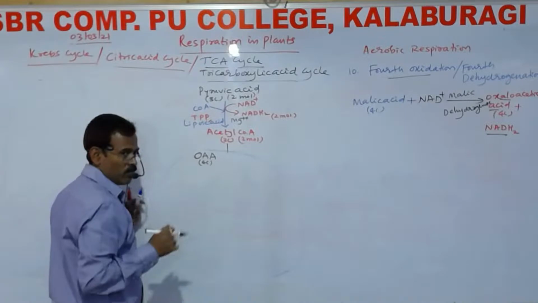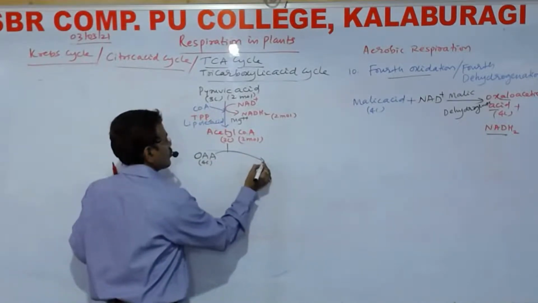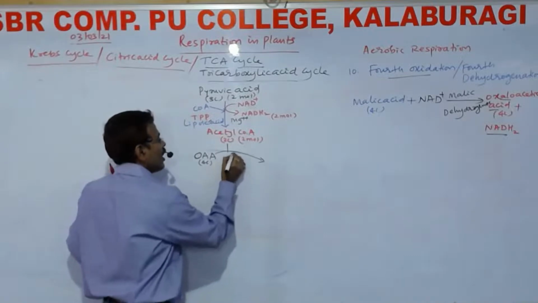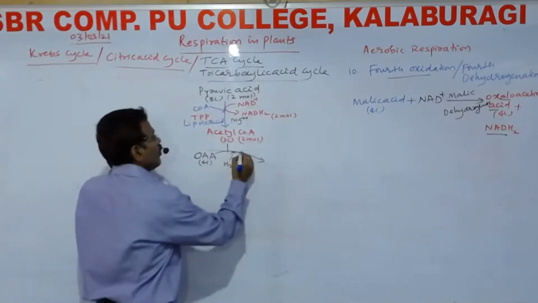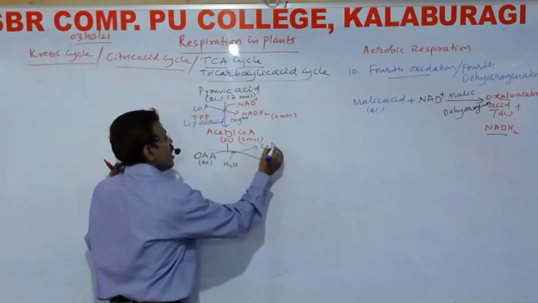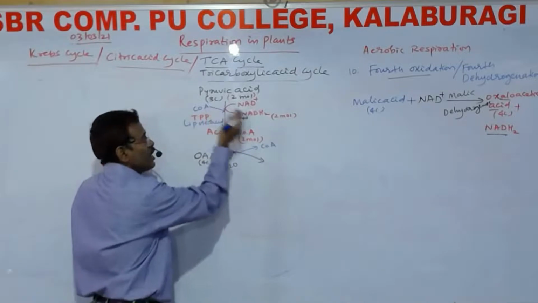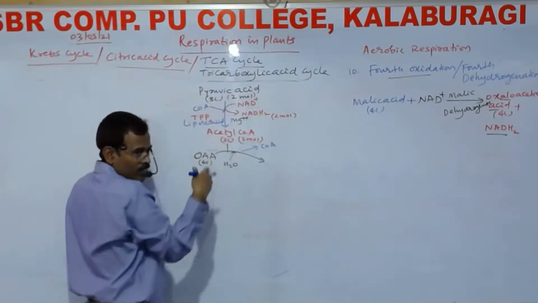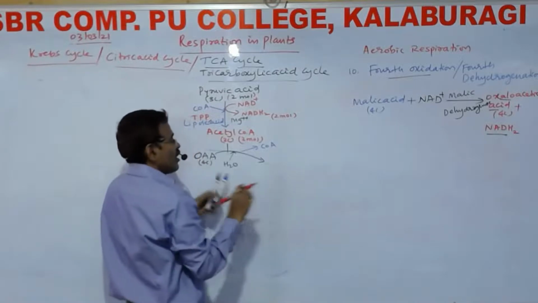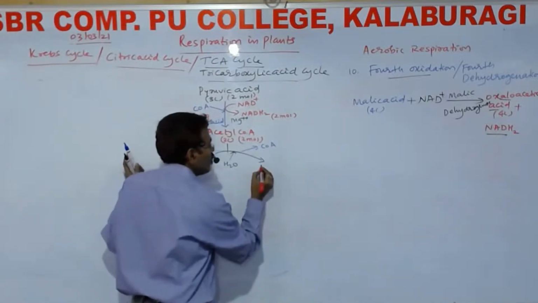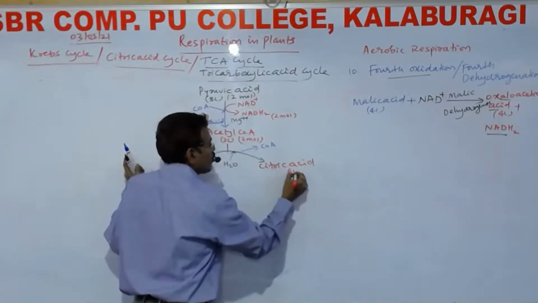So here there is utilization of water molecules and a release of coenzyme. That coenzyme can be used if the preparatory step is required. And we are going to get the first stable compound here. What is that? Citric acid, 6 carbon compound.